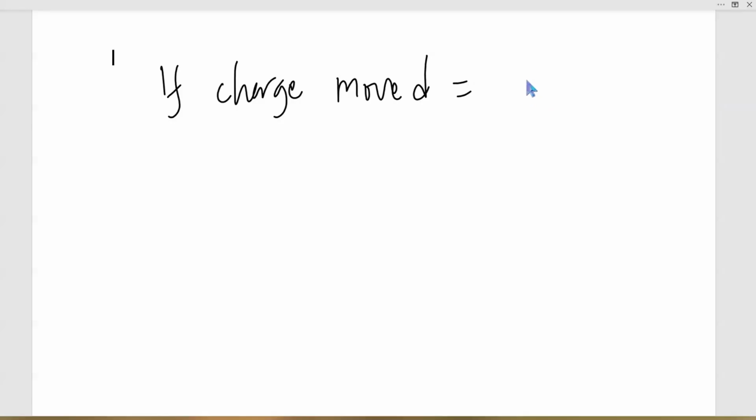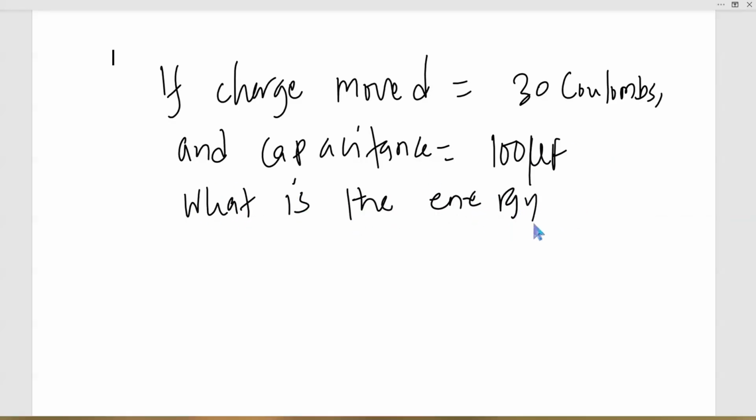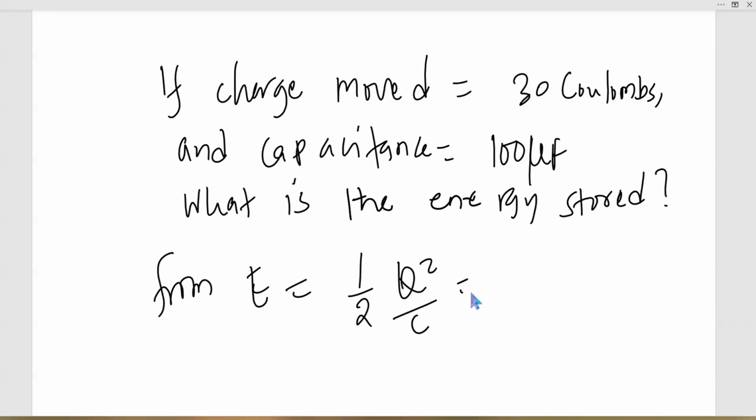So if charge moved is, let us say, 30 coulombs, and capacitance is, for example, 100 microfarads, then what is the energy stored? I'll just say E equivalent to a half Q squared out of C. This is going to be a half times 30 coulombs squared divided by C, which is 100 times 10 power negative 6.